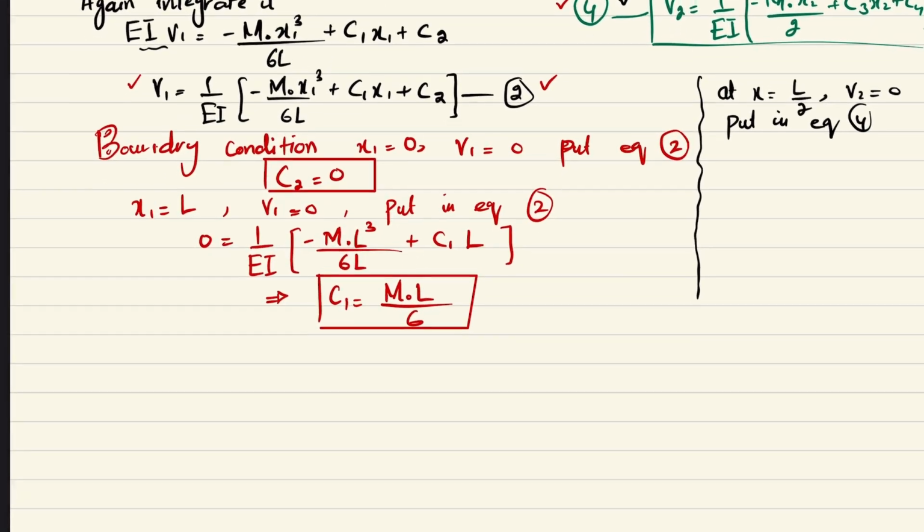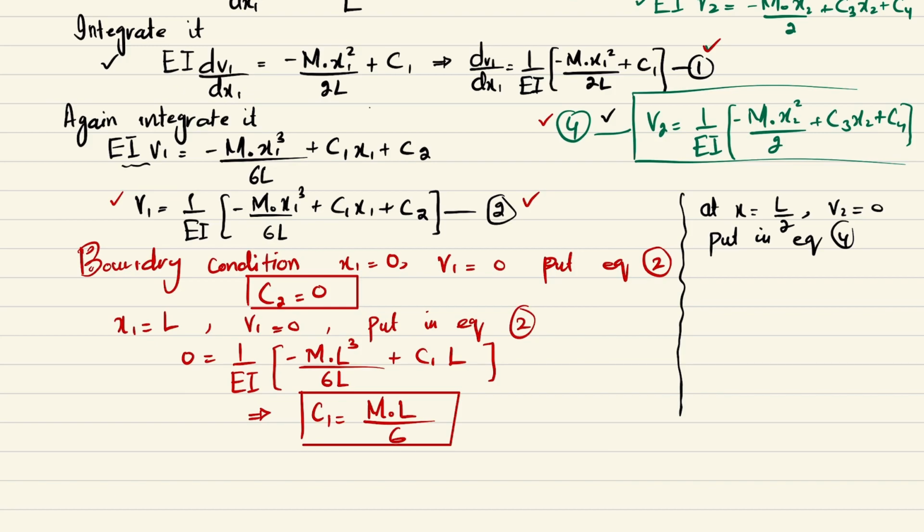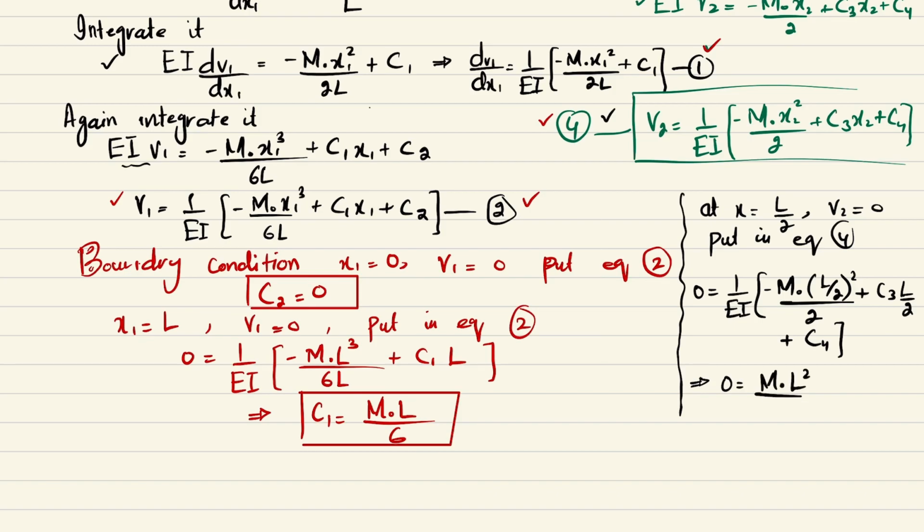So 0 is equal to 1 over EI into minus M naught (L by 2) squared divided by 2 plus C3 into L by 2 plus C4, which is not known. If you simplify it, you will get 0 is equal to minus M naught L² over 8 plus C3 into L by 2 plus C4.